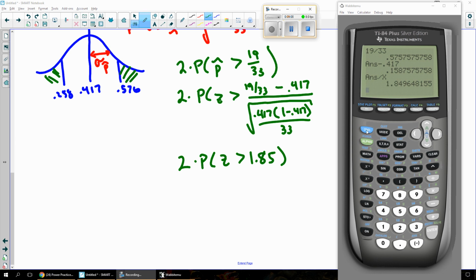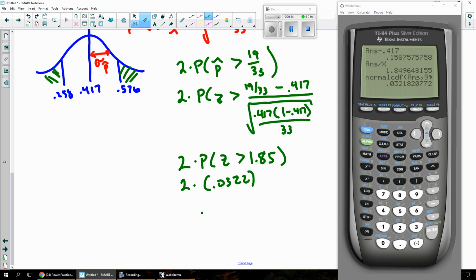I'm going to use my calculator and say normal CDF of that answer I just got, which was 1.85 or whatever it had with the decimals, infinity, 0, and 1. Paste that in. I could also use my chart to figure this out, and this tells me 2 times 0.0322.